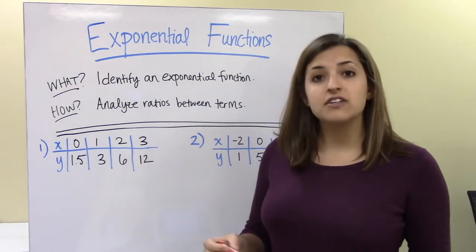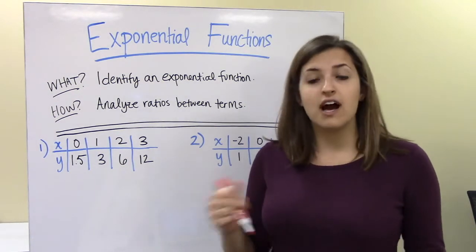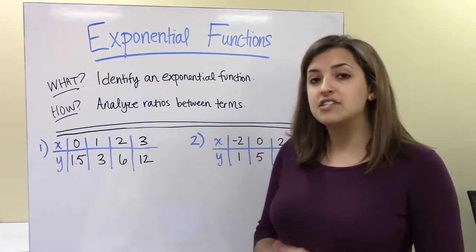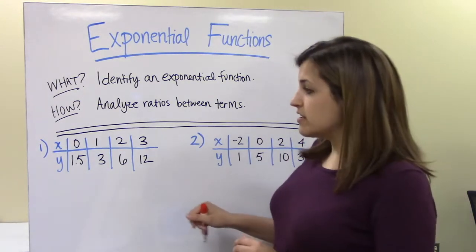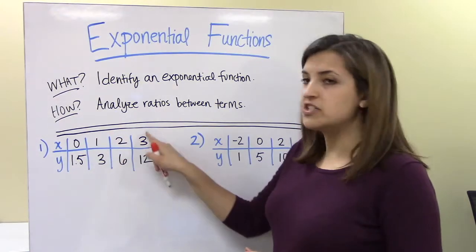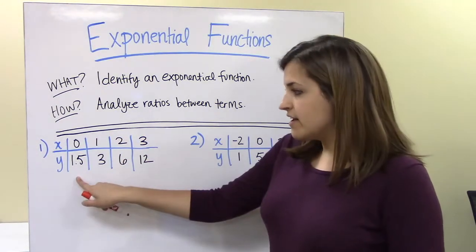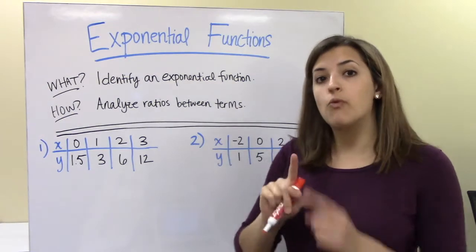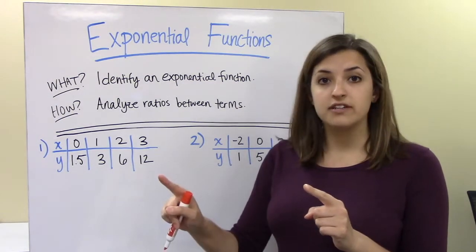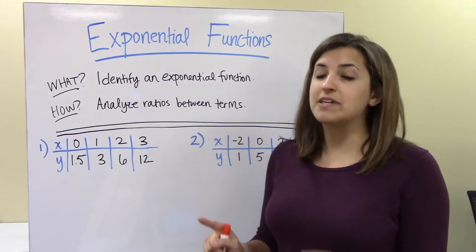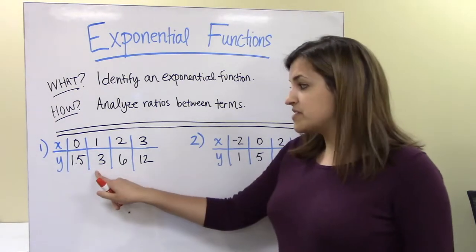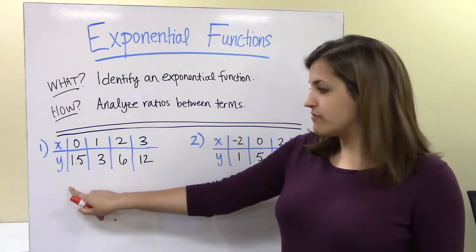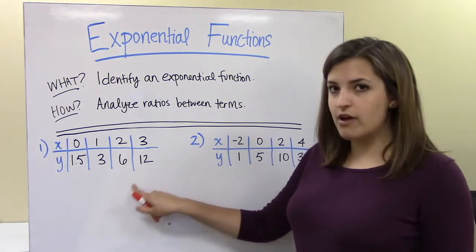As x increases or decreases by a constant amount, y has to be multiplied by some term. So here, x increases by 1 each time, so we're good. For y, we're going to have to divide one term by the one before it. Does that sound familiar? It should, because that's what we did when we were making geometric sequences.